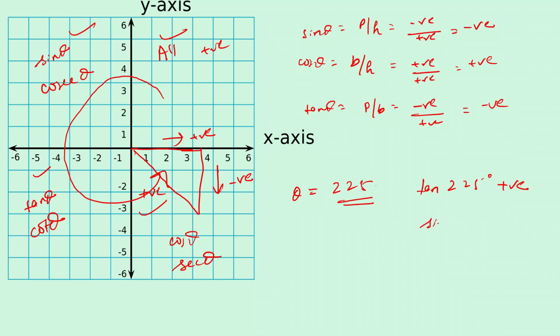But if I try to find the value of sine 225, it will turn out to be something negative. What is the value? We are not concerned right now. We will learn it in this video itself. Stay tuned. And cos 225 as well will be negative. So this much you have to understand: in which quadrants which functions are positive and which are negative.